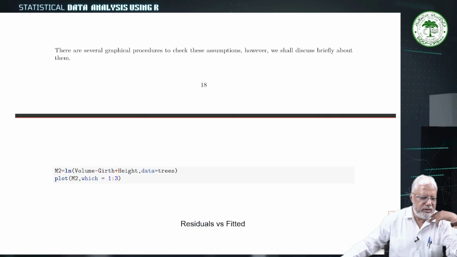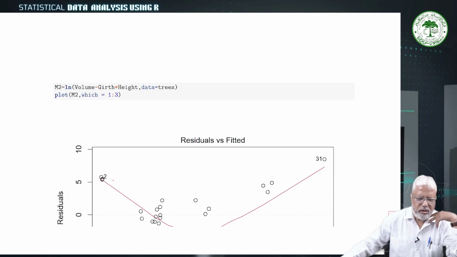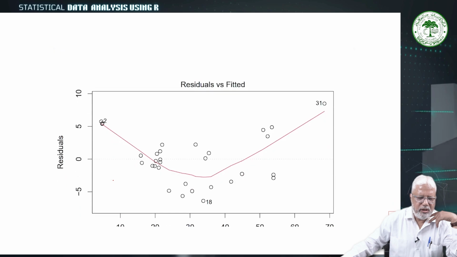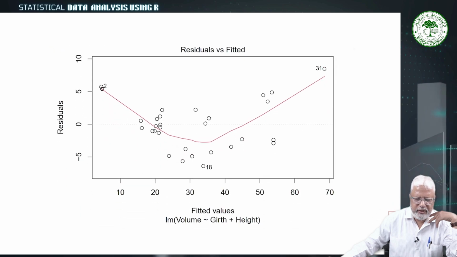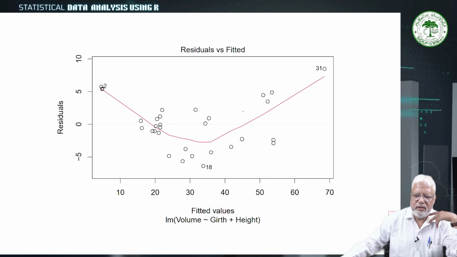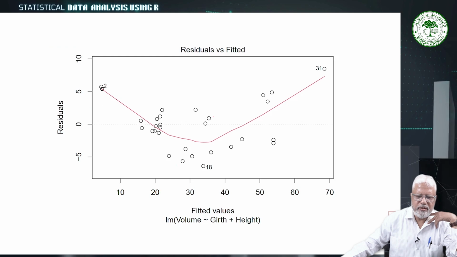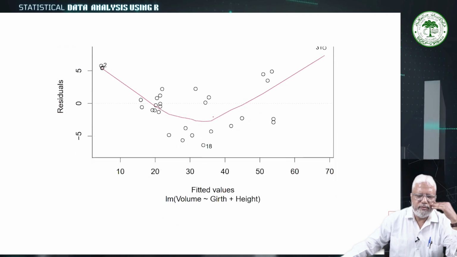Say M2 is the fitted object. So, plot(M2, which = 1:3). Here it is fitted versus residual. It shows it is a good fit.